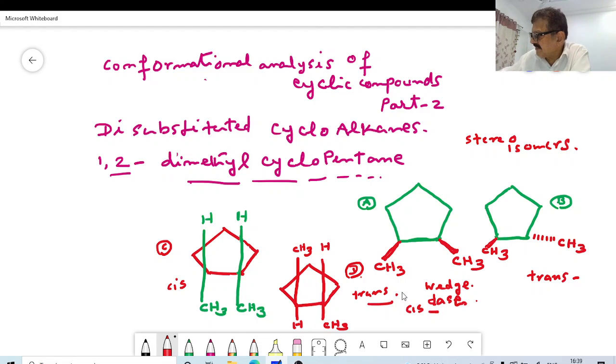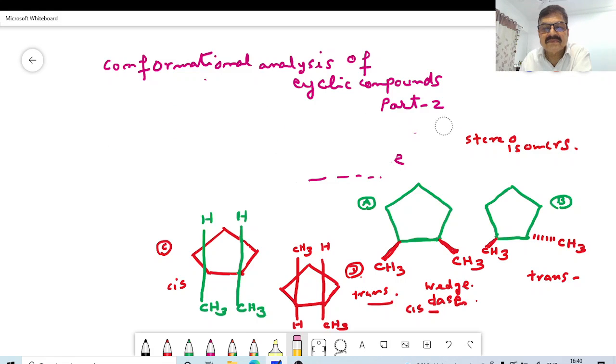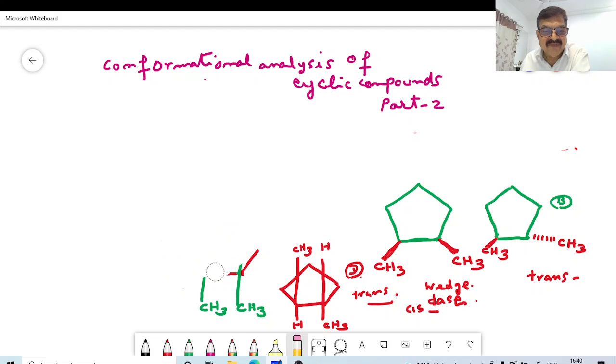Okay, then now we will go to 1,4-dimethyl cyclohexane. What is that 1,4-dimethyl cyclohexane? So I will just change this page. When we come to cyclohexane, disubstituted and monosubstituted cyclohexanes, you will study the conformational analysis and the various kinds of energy concepts there.